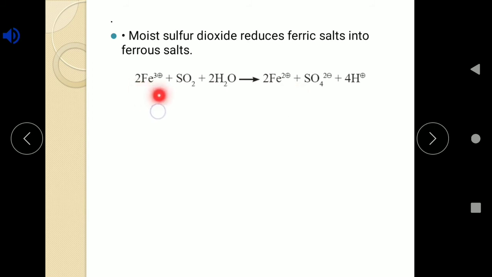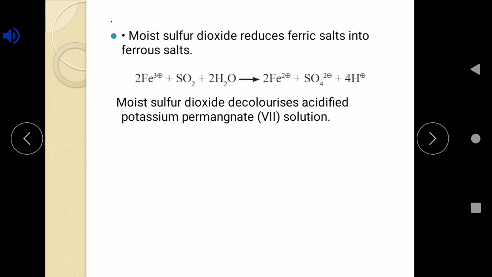That is Fe3+ gets converted into Fe2+. So ferric salts, when treated with sulfur dioxide in presence of moisture, get converted into ferrous salts along with H+ ions, that are H2SO4.